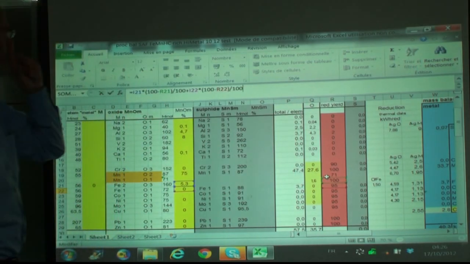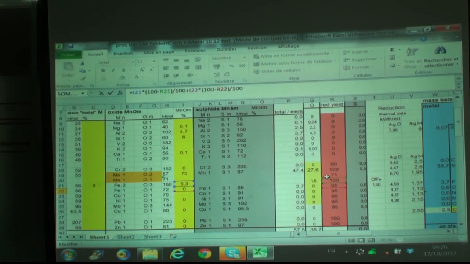Yes, I see. This is a small mistake. It's due to the fact that I changed this at the same time because of the manganese. You see, this is the mistake: there will be no Fe2O3, there will be only FeO.